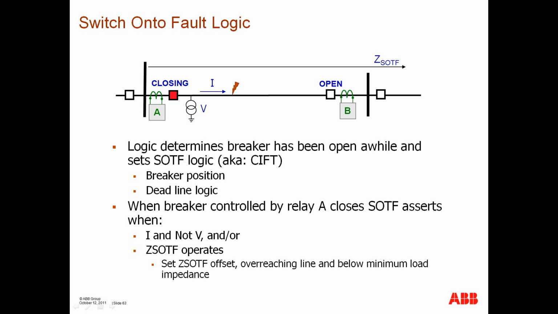The question is, what is the minimum voltage the relay needs to sense in order to operate a distance function? Distance functions can operate generally with a voltage almost all the way down to 0.